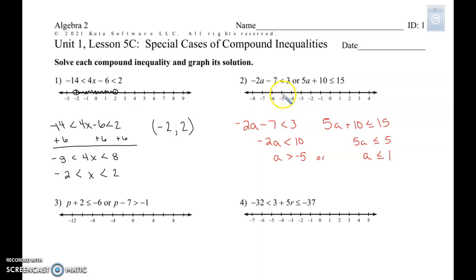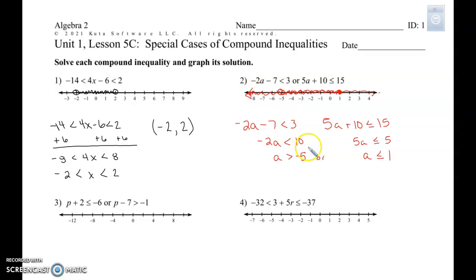So at negative 5, you would have an open circle, and greater than would be everything going this direction. However, this is saying that a is less than or equal to 1, so you would have a closed circle at 1, and then it would be everything going this direction.